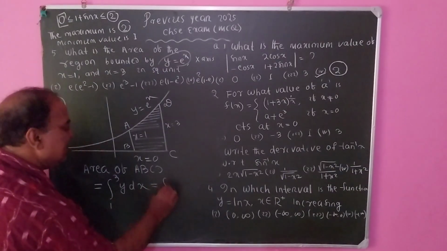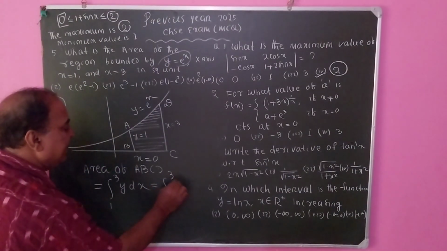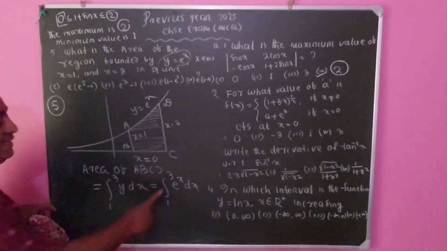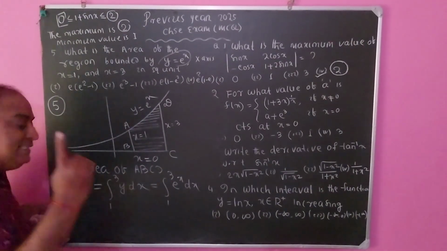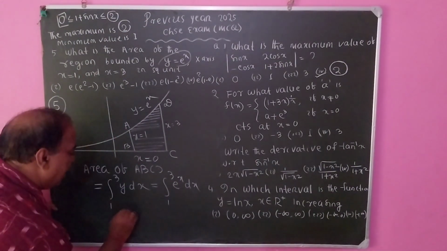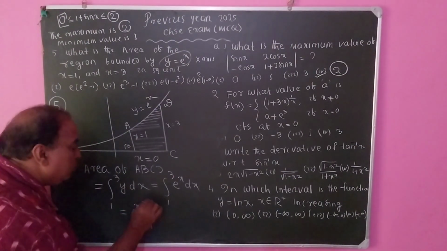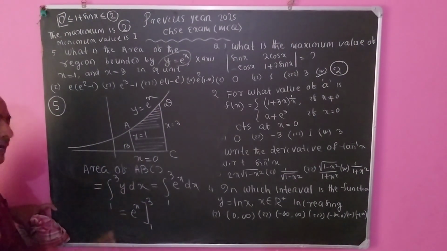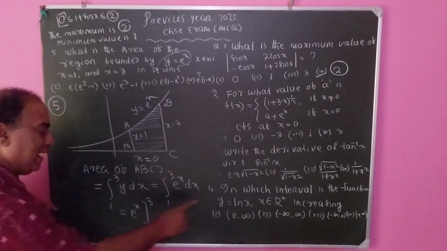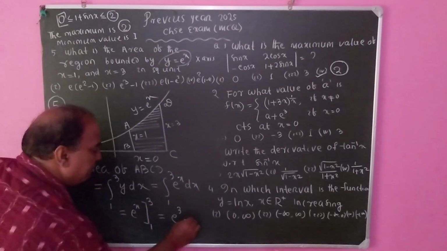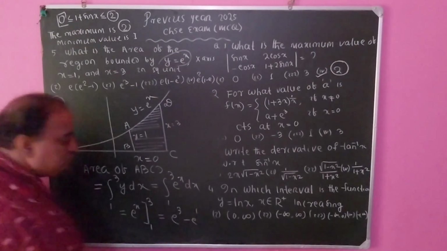Y is here e to the power x, dx. We know the integration of e to the power x is e to the power x. Write down e to the power x evaluated from 1 to 3. Then we put the upper limit minus the lower limit. Here we get e to the power 3 minus e to the power 1.